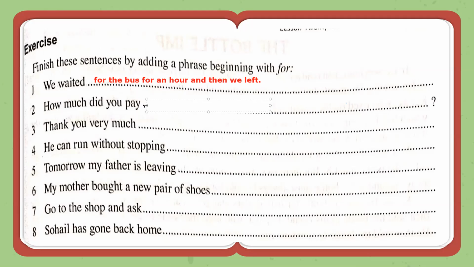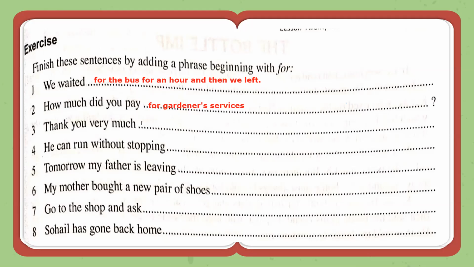So how much did you pay for gardener's services? The question mark is already given, dear students. You can see over here, this is the question mark. So how much did you pay for gardener services? Or you can write how much did you pay for this book, for this mobile, like this.